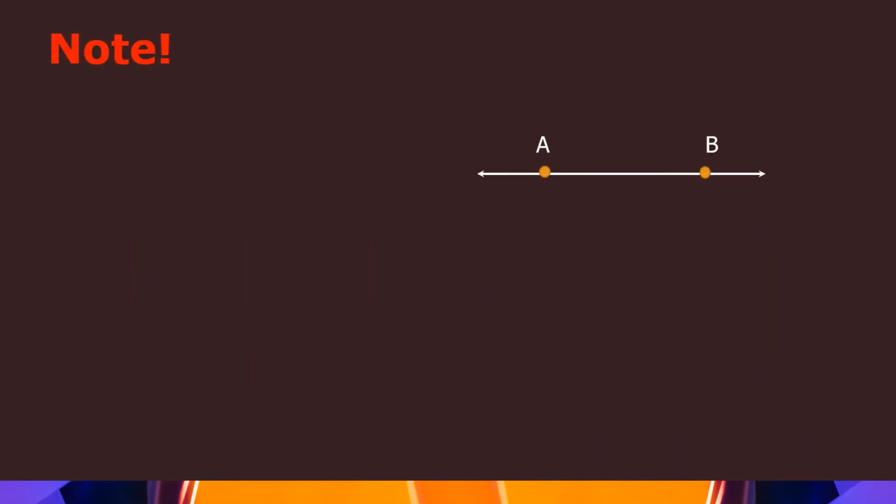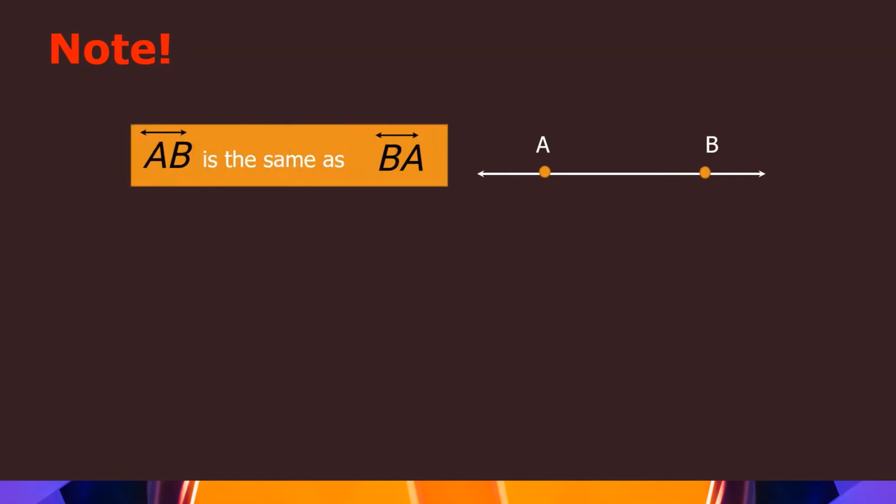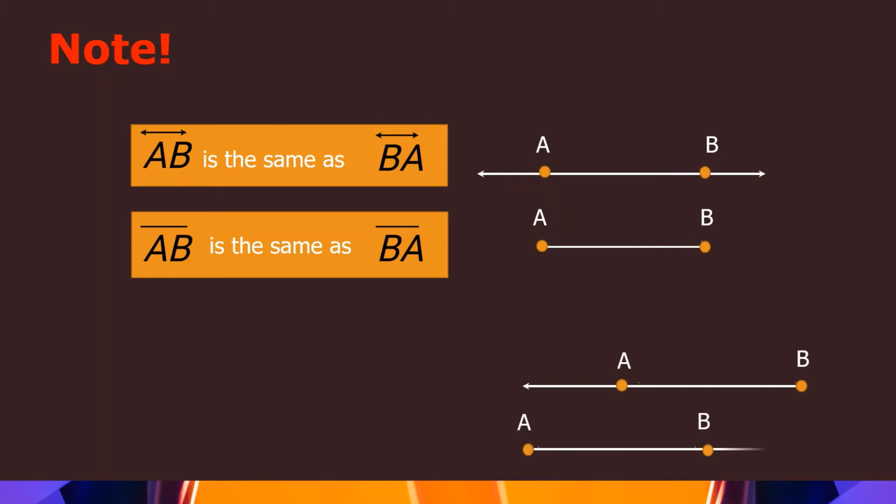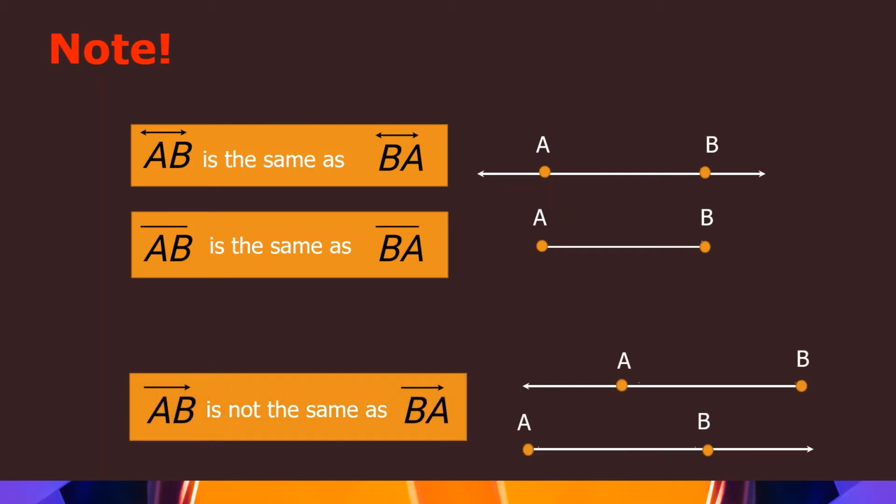Take note that line AB is the same as line BA. And segment AB is the same as segment BA. But ray AB is not the same as ray BA. Bakit? Kasi sabi natin sa ray, ang starting point o initial point niya ay doon sa given point.